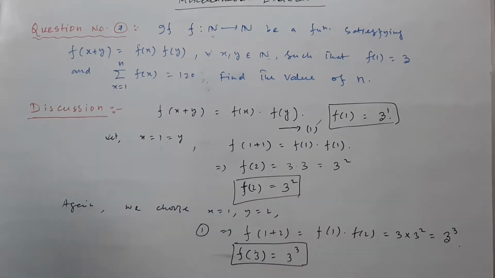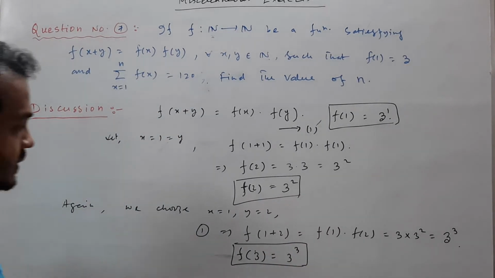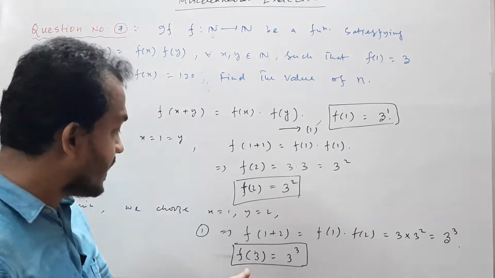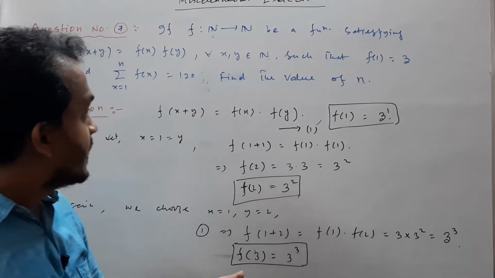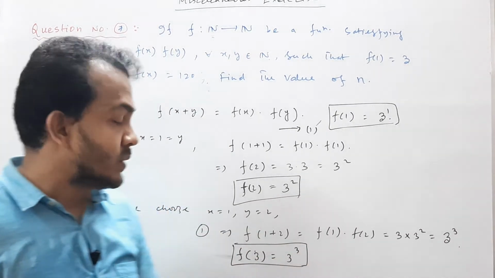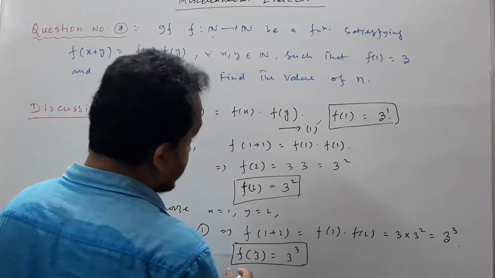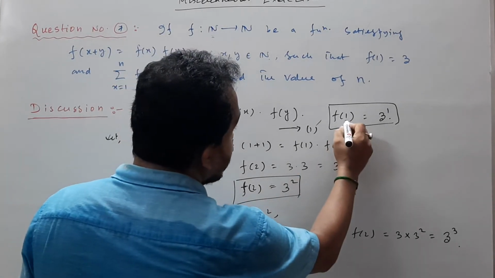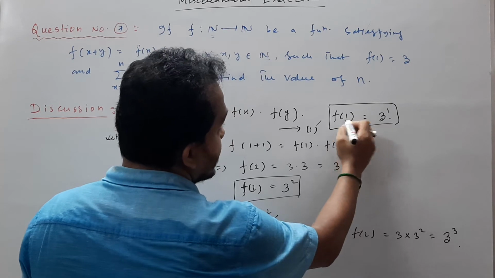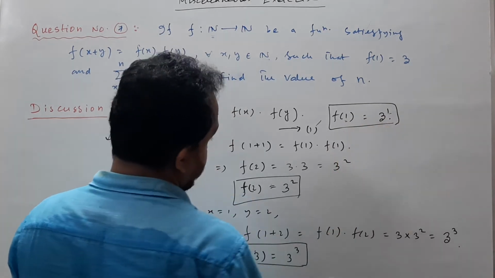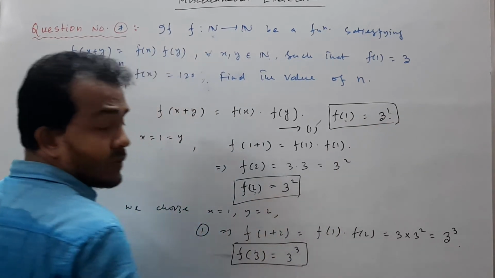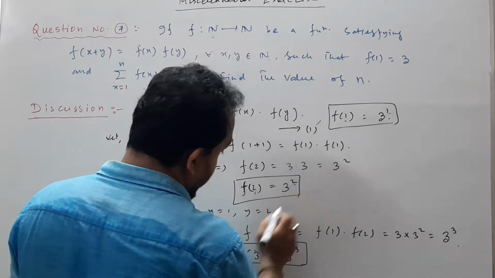So in this manner we can get the next terms also. Clearly we find that if x = 1, then we have 3 power 1. If x = 2, then we get 3 power 2.